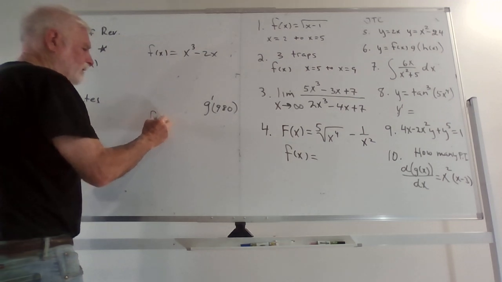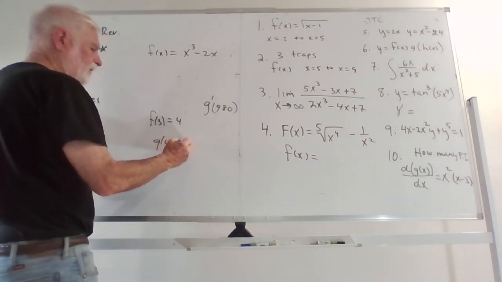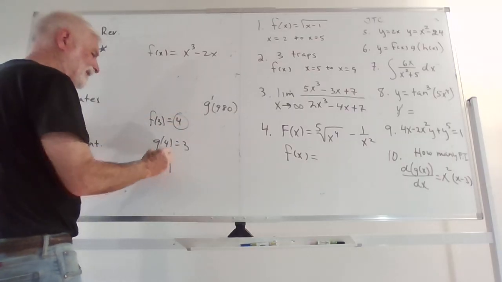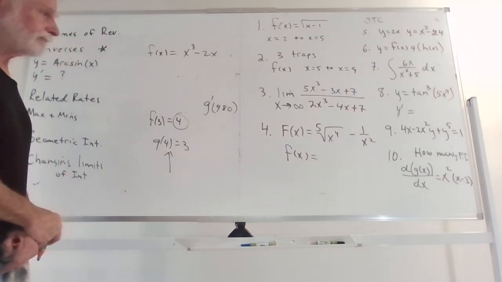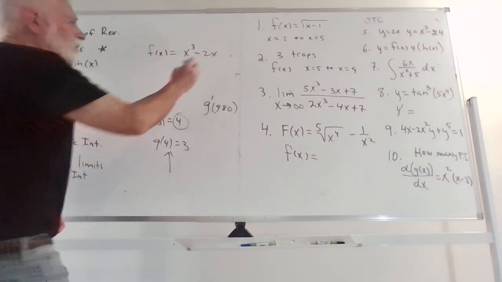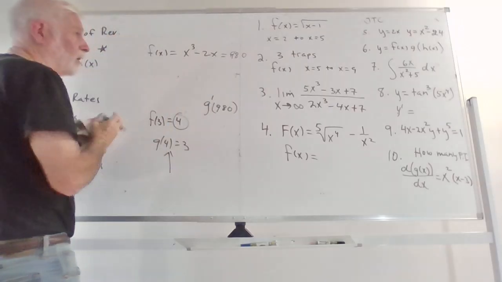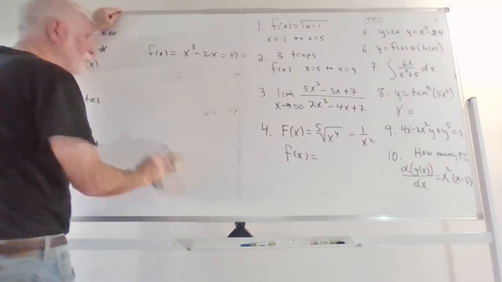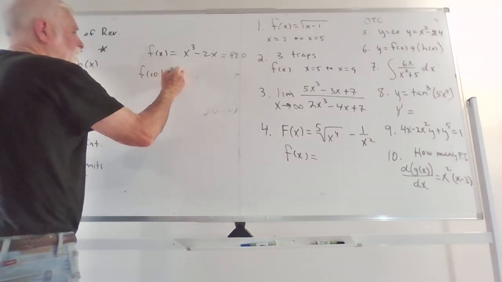f of 3 equals 4 and g of 4 equals 3. Okay? The output of f is the input of g in this instance. So we really want to find out when this thing equals 980, and I'll give you situations where it's not going to be hard to see. I think you can see that f of 10 gets us 980.